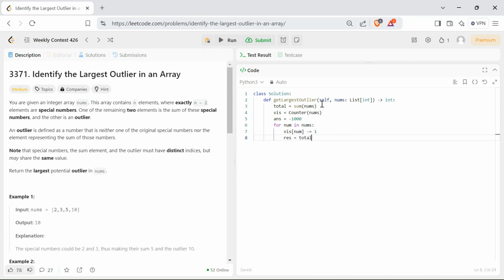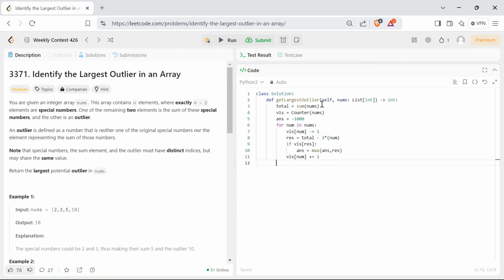Calculate the result now using this formula. If visit of this result is present in the counter dictionary, I would update the answer with the answer and result comparison. Would restore the num count before going to the next iteration, then return the answer.